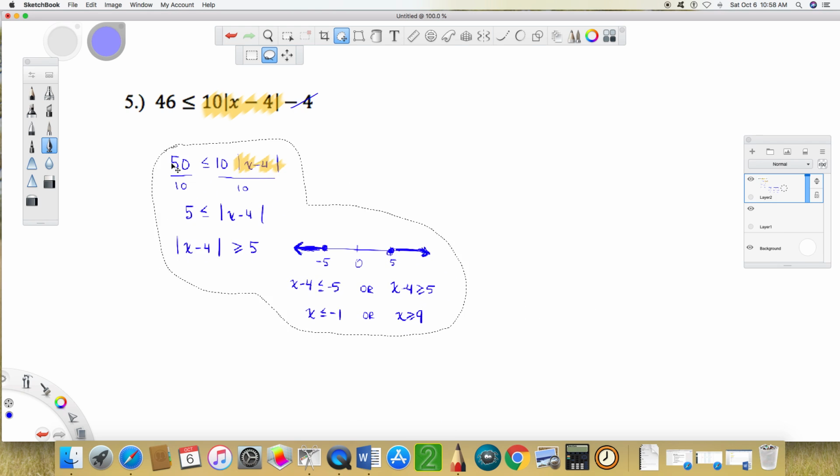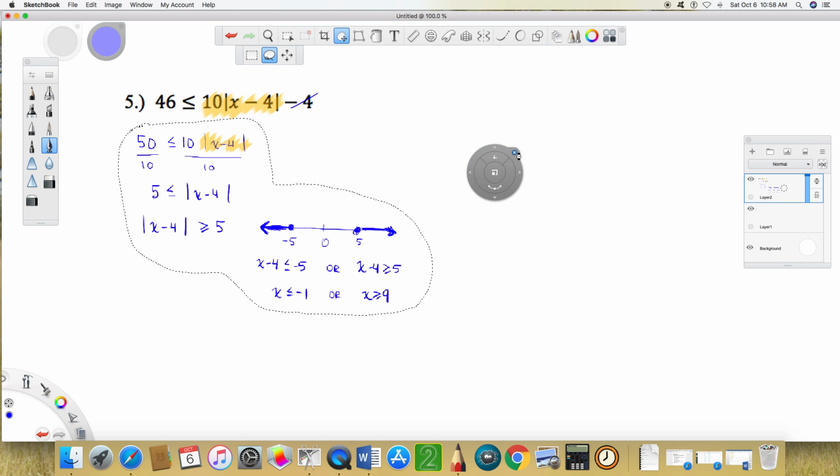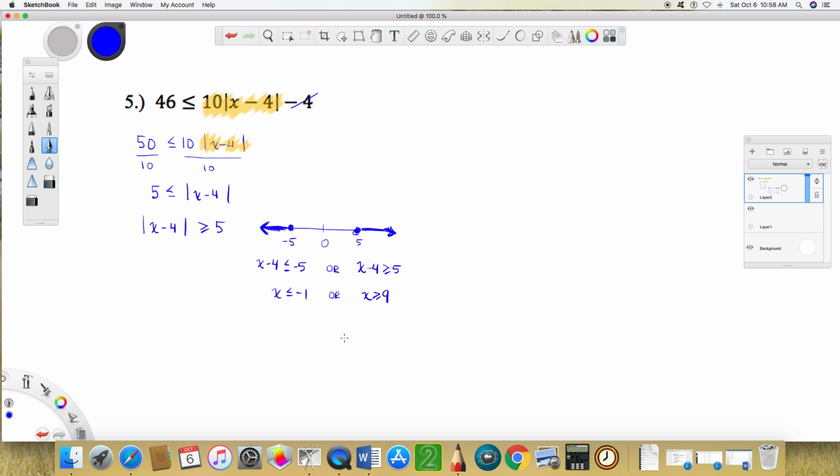And if I want a picture of that solution set, I can make a graph. Negative 1 is to the left of positive 9 on a number line. Since each of these is underlined, each of these has equality, and I make these endpoints solid dots.